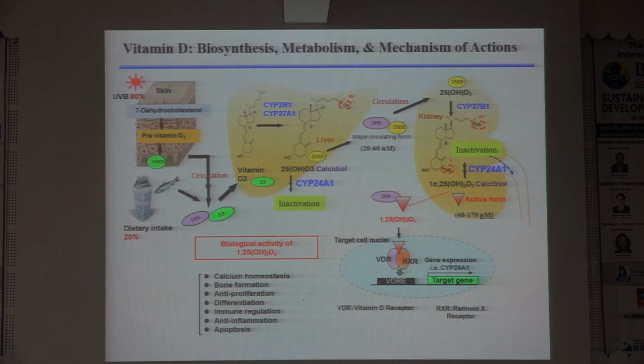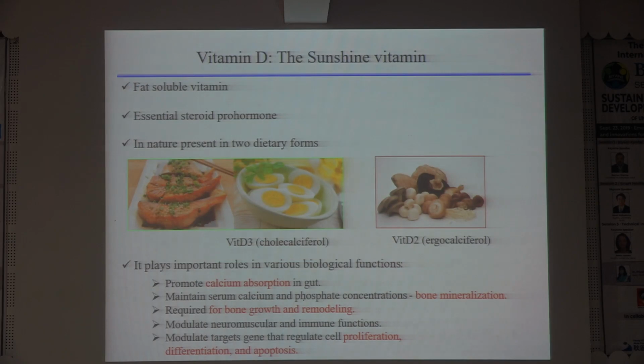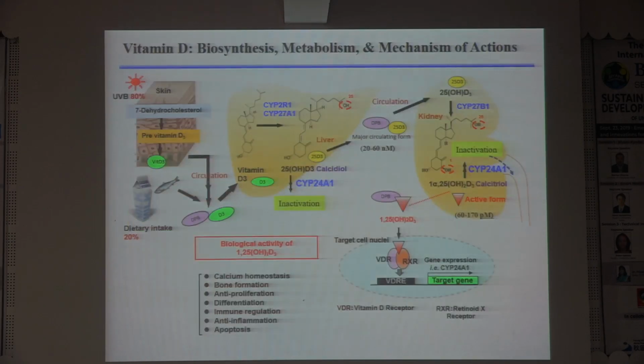They partner with another transcription factor, the retinoid X receptor, and then induce gene expression in the cells that are responsible for the classical and non-classical functions of vitamin D3. We already talked about calcium homeostasis, bone formation, anti-proliferation, differentiation, immune regulation, anti-inflammation, and apoptosis; vitamin D performs these types of functions in our body.